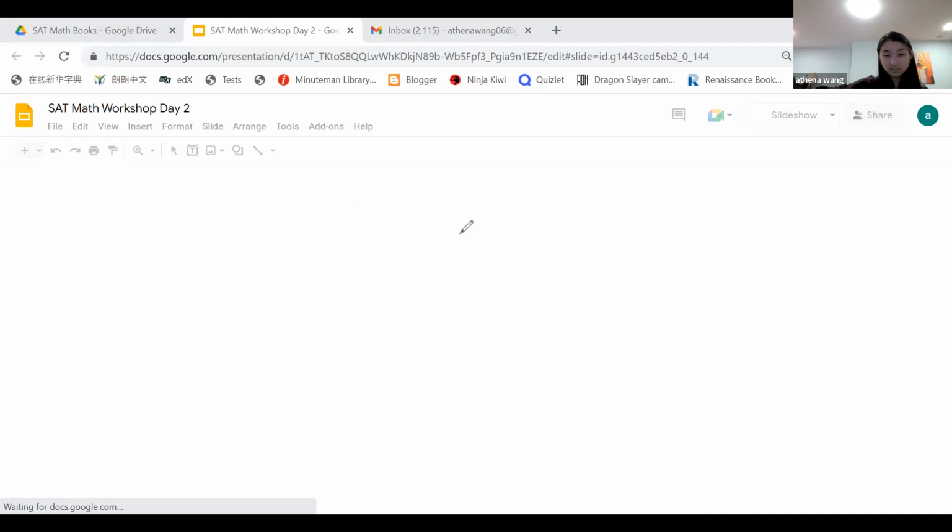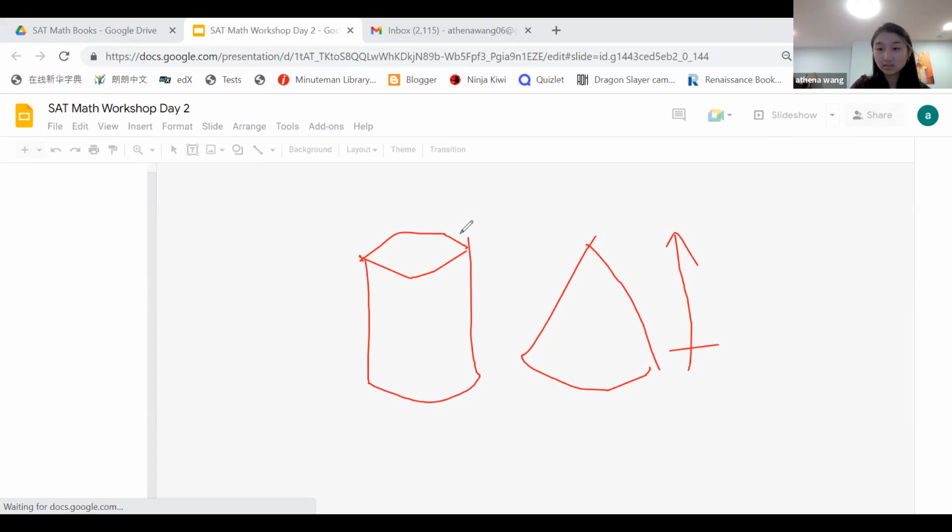So this problem is about a cylinder and a cone. And they both have the same height, okay? Height is the same. But the radii are different.